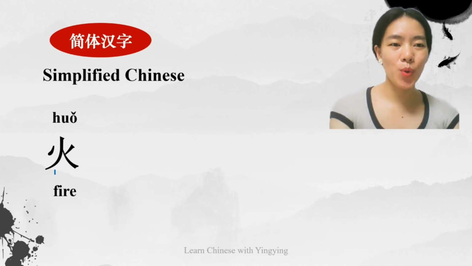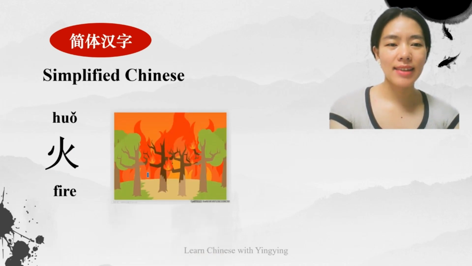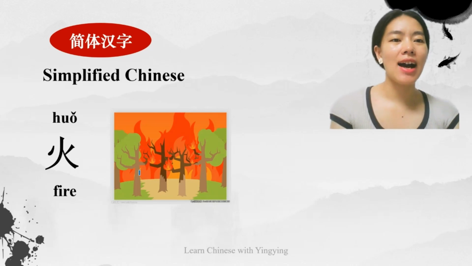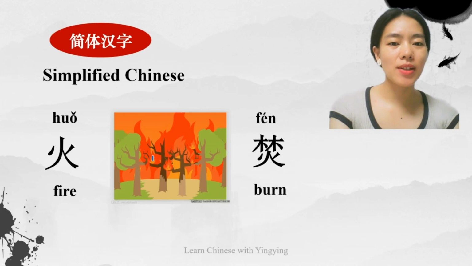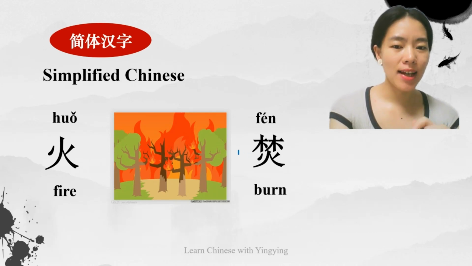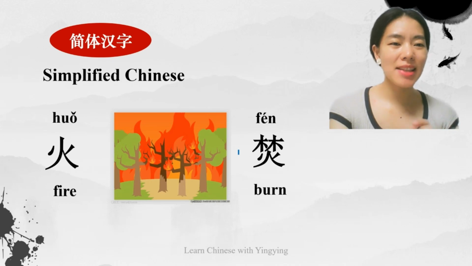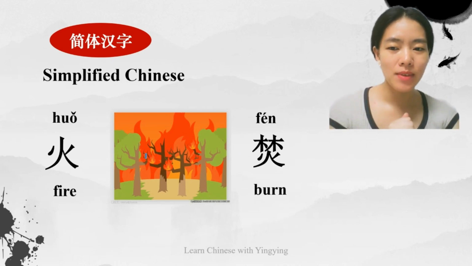火, 火. And as you can see here, this is a forest on fire. So the next word we are going to learn is 焚, 焚. It means burn. It may seem so complicated to you, but don't worry. Let's see.